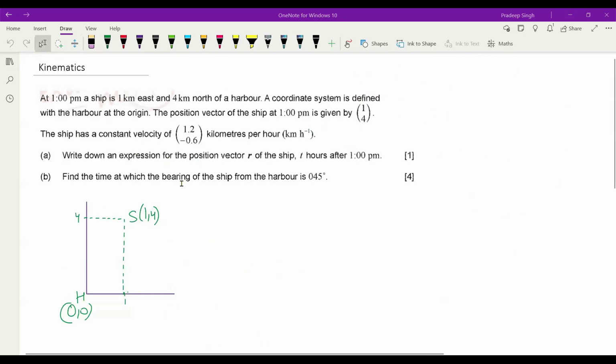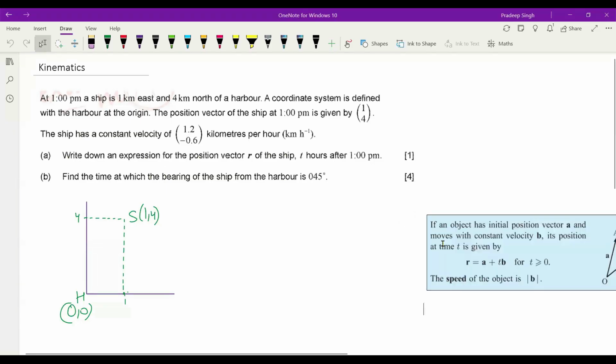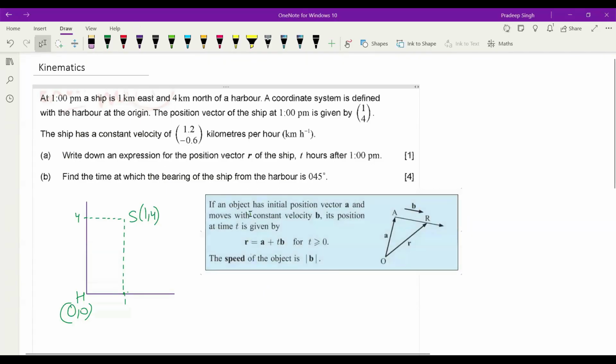Next question, we have to find the expression for the position vector of the ship. So let us recall the basic expression. If an object has an initial position vector of A and moves with a constant velocity B, the position vector is given by this expression, A plus tB, where A stands for the initial position vector and B stands for the velocity vector.